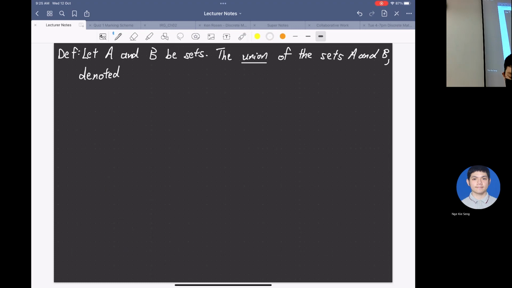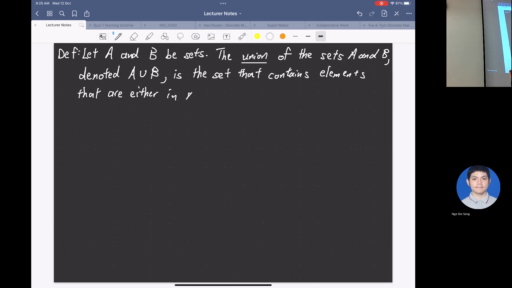The notation for union is cup: A cup B. The union of two sets is still a set. It's a set that contains what elements? The elements are either in A or in B or in both.